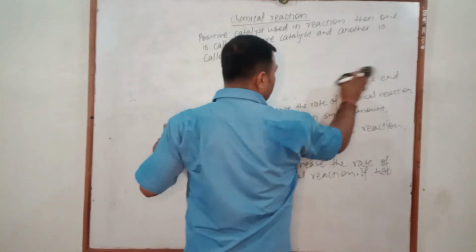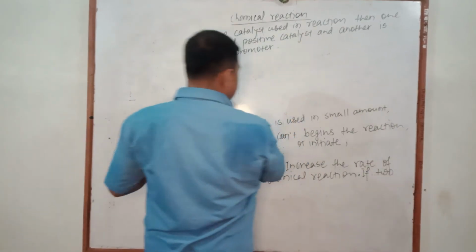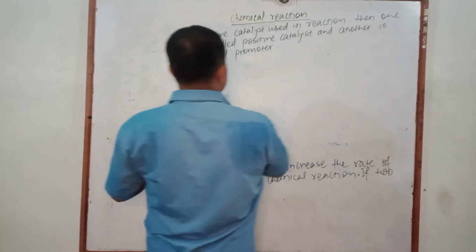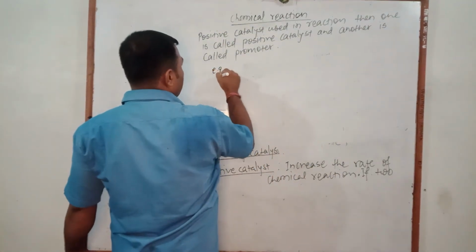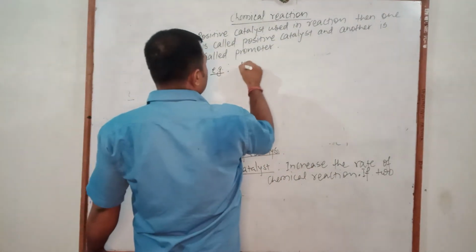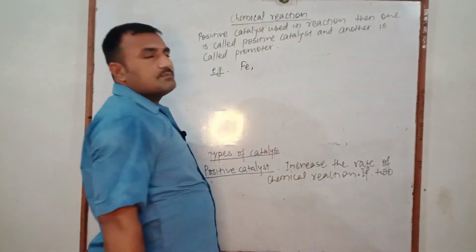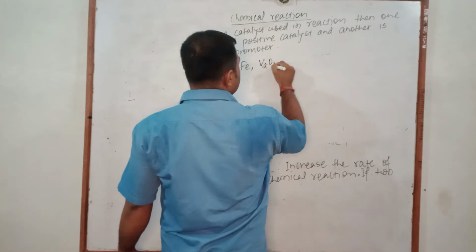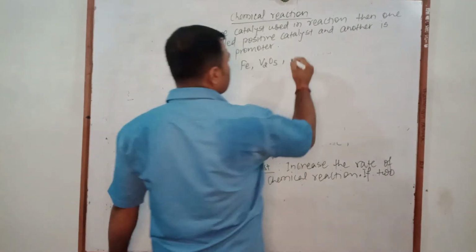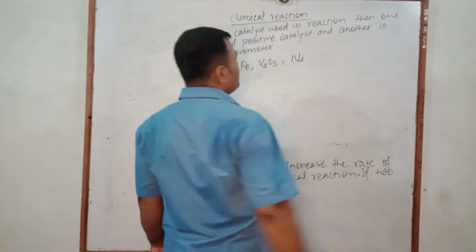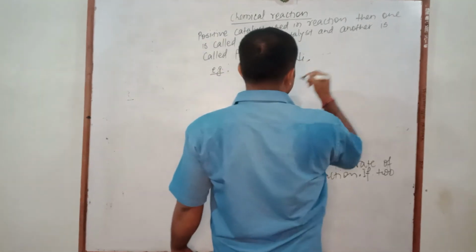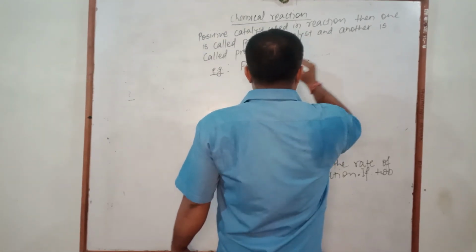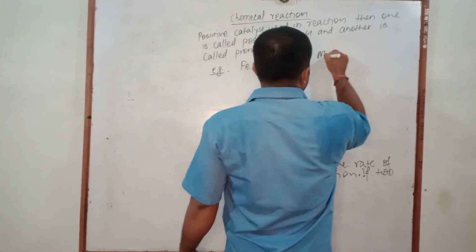Promoters are also positive catalysts, and several chemicals are used as positive catalysts. Examples are iron, vanadium pentoxide, nickel, and manganese dioxide.